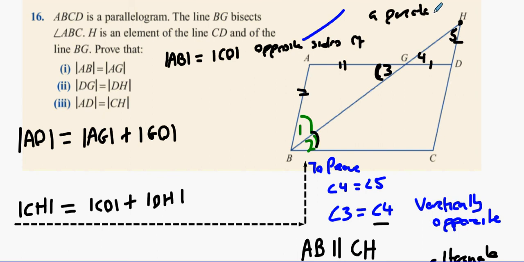Yeah, you get the gist. Opposite sides of a parallelogram. Okay, and then we can say therefore AG, because AG is equal to AB, AG equals CD.